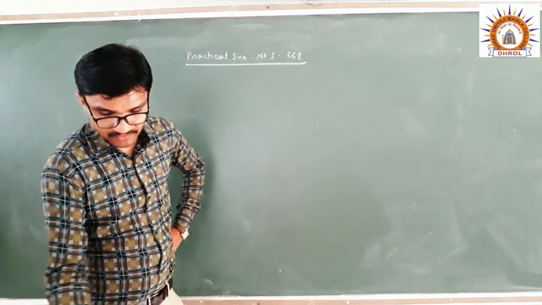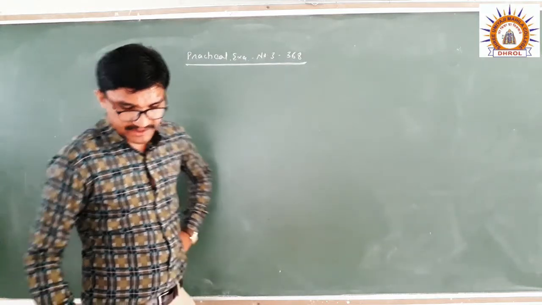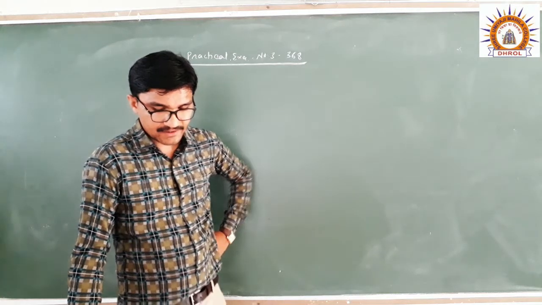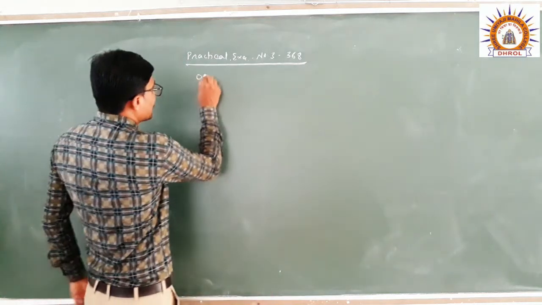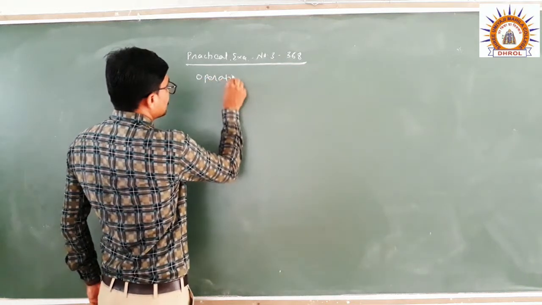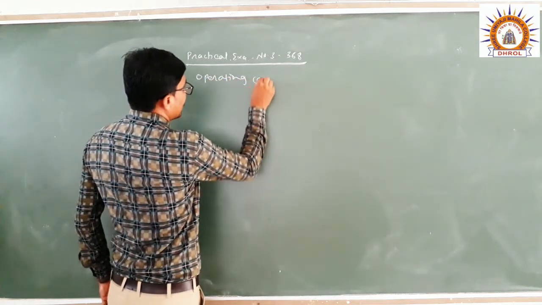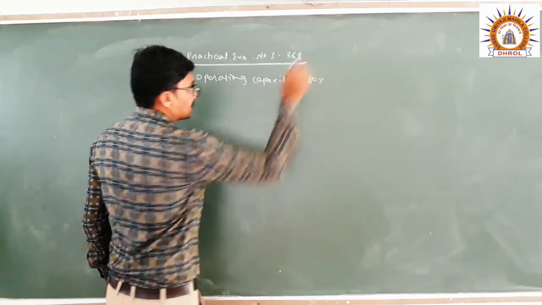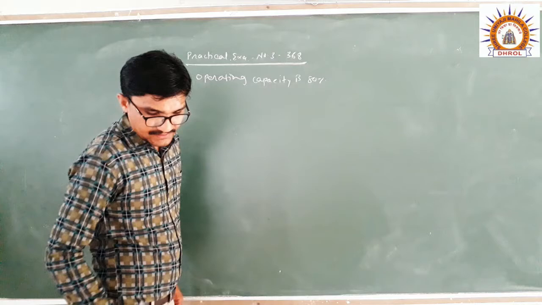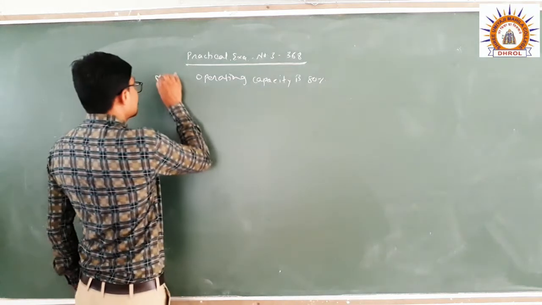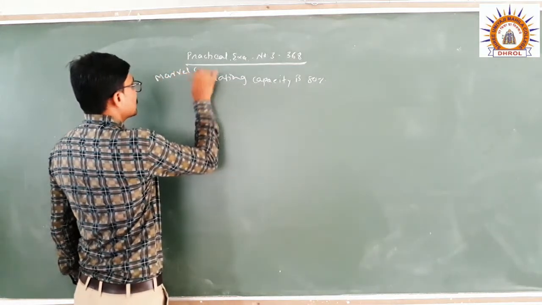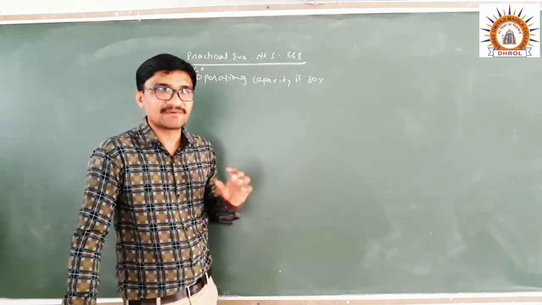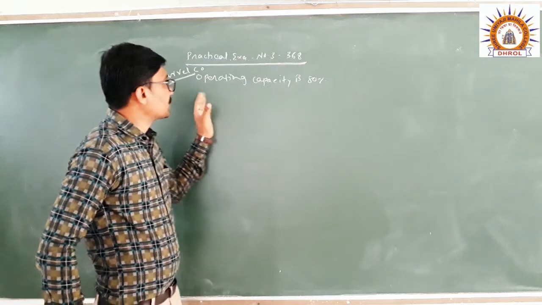See, the question is: the following data is available for the Marvel Company for the year 2018. The operating capacity is 80%. The name of the company is Marvel Company Limited, and the data is given in its books.